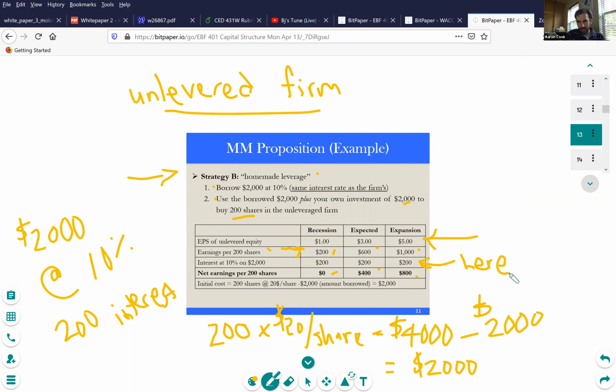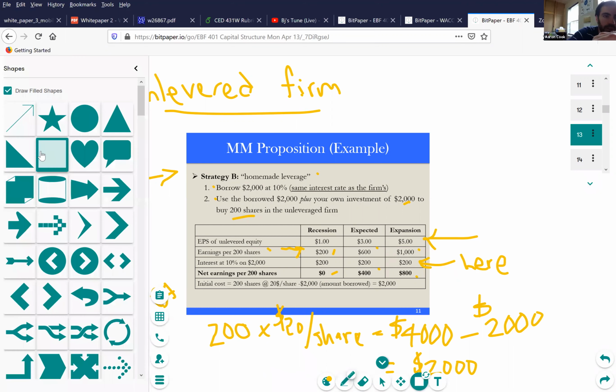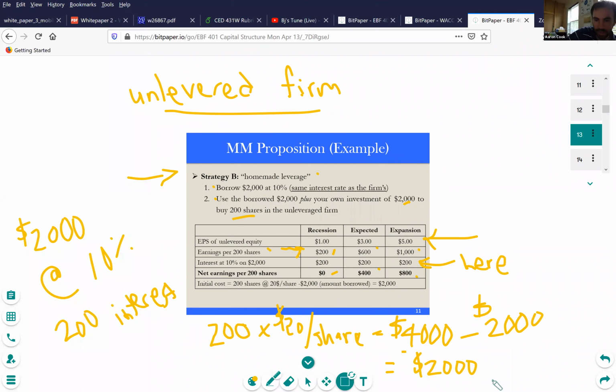It's already been accounted for in these payoffs. And so at the end of the day, it's $2,000 of this guy's own money in order to generate payoffs that were either $0 or $400 or $800. That's strategy B.